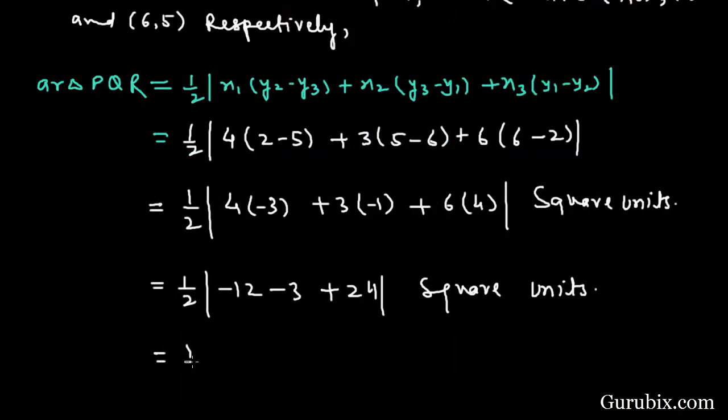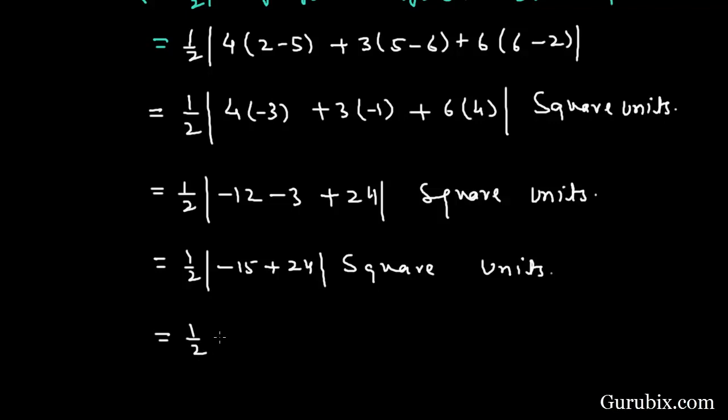Here we have 1/2 |-15 + 24| square units, and this is equal to 1/2 times 9, since the mod gives the positive value, which is 9/2 square units.